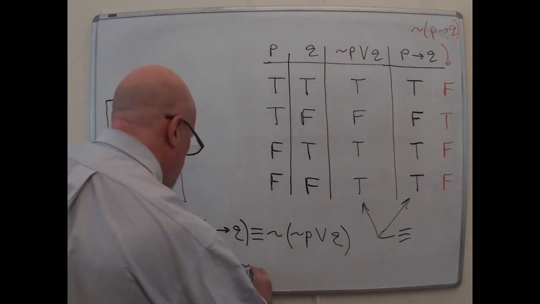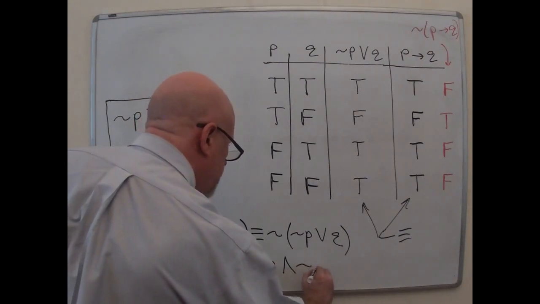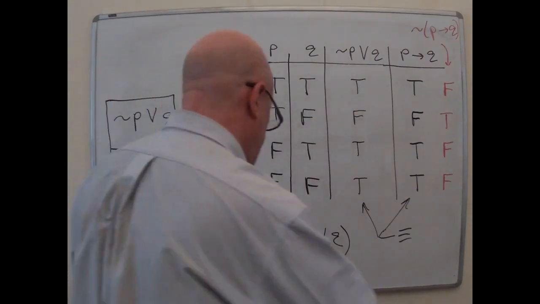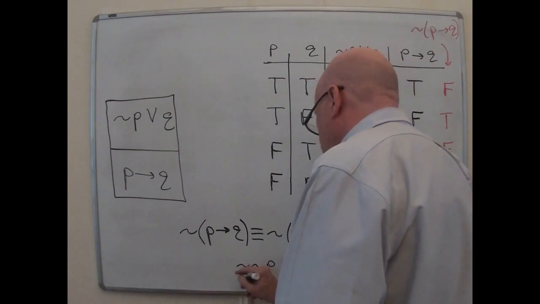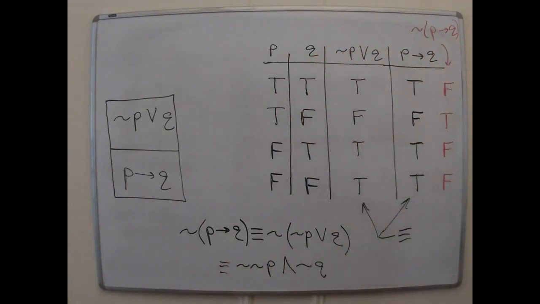That's not P, and it with not Q. Double negation there means that's really P and not Q. So finally, this is P anded with the negation of Q.